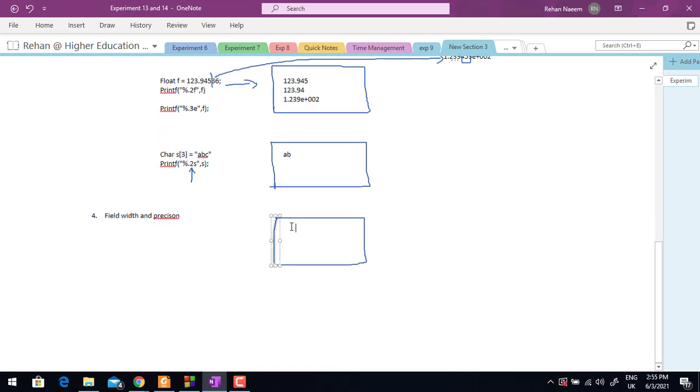So say for example, if I write printf percentage 6s, and the string to be displayed is marks.